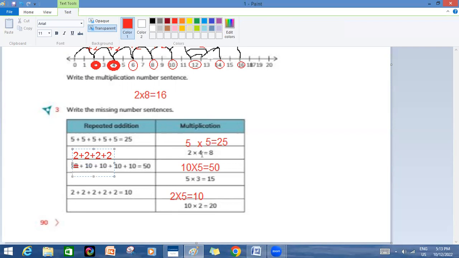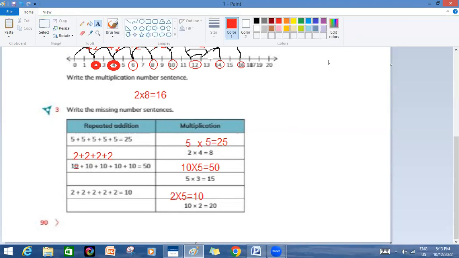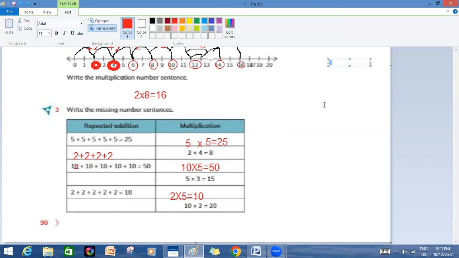So equals 8. So answer is going to be 8.